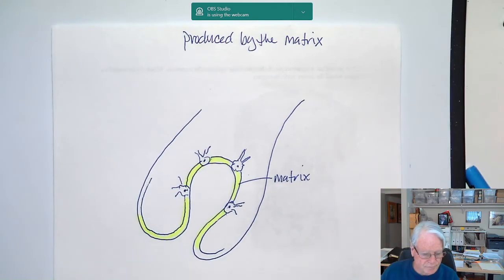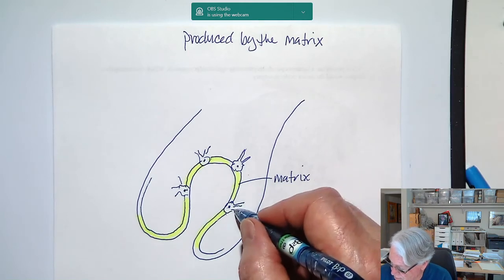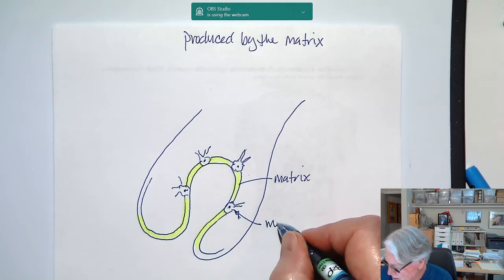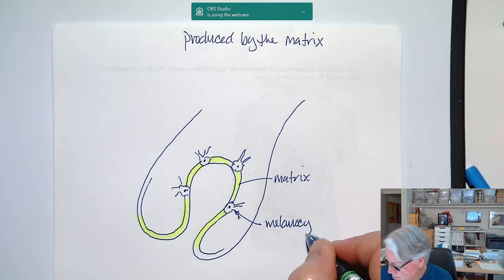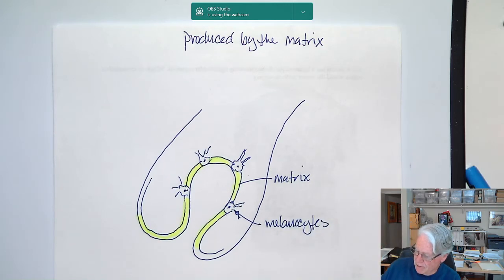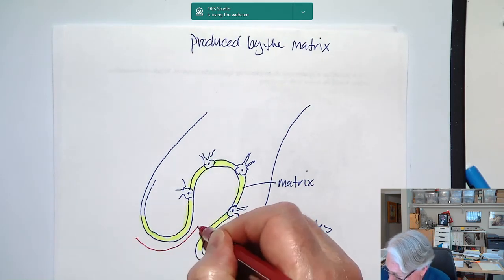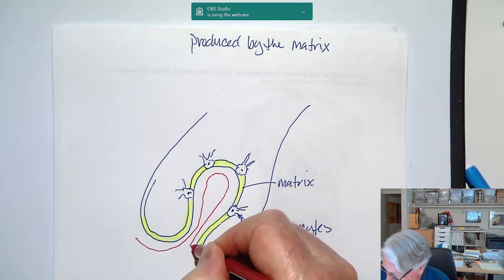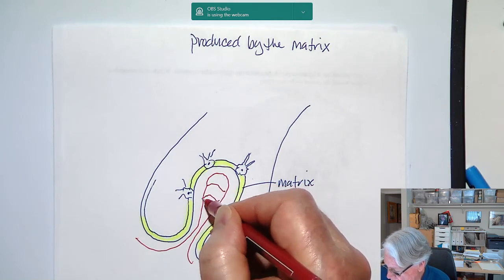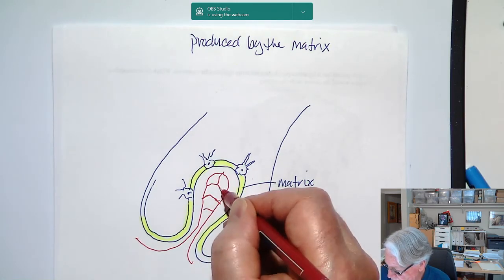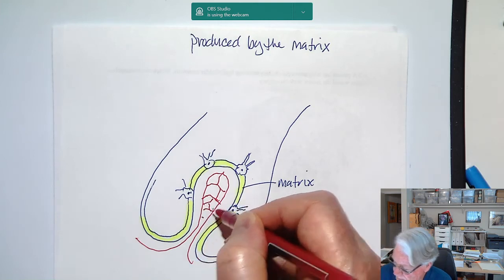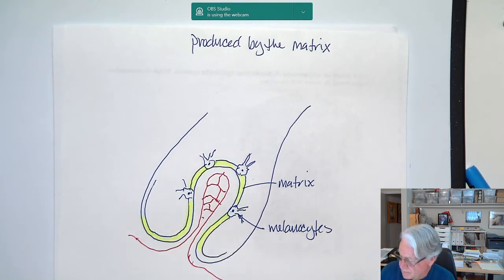Okay. All right. And then these are our melanocytes. Okay. And then, of course, we have blood vessels. Let's bring those in. We have our blood vessels.